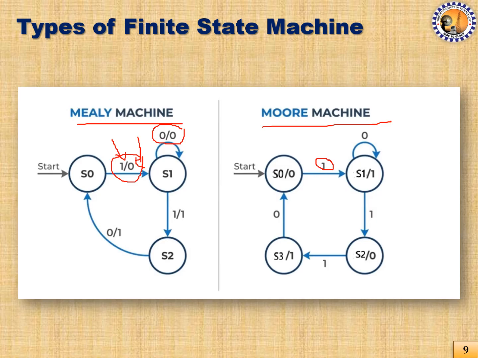So from how and where the output condition is represented, we can easily understand whether it is a Mealy state machine or a Moore state machine.